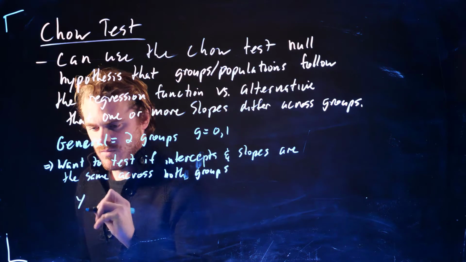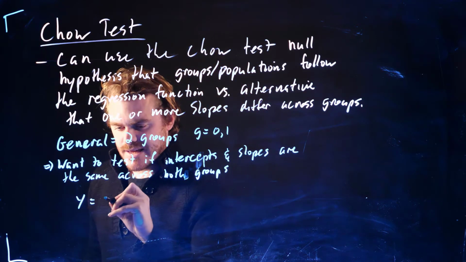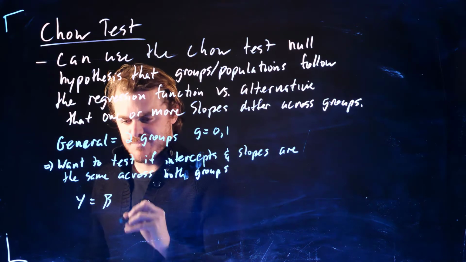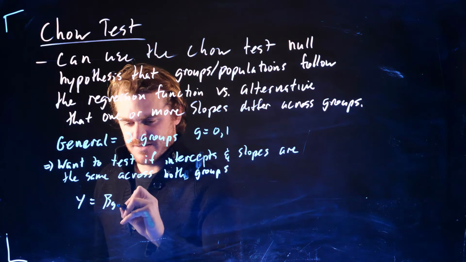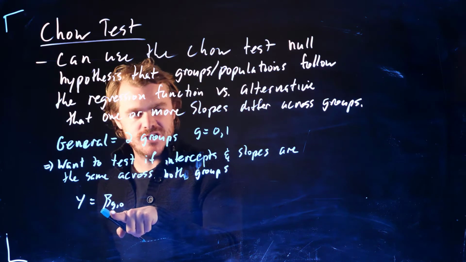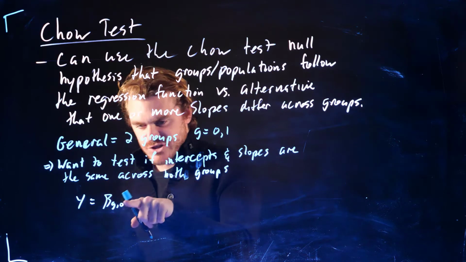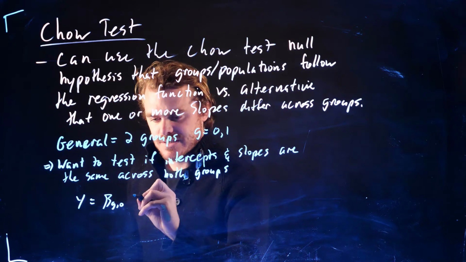So let's just have a Y for our dependent variable. And so for Y, we have this beta g0. This is the beta 0 for group g, and g could be 0 or 1, so each group could have their own intercept.